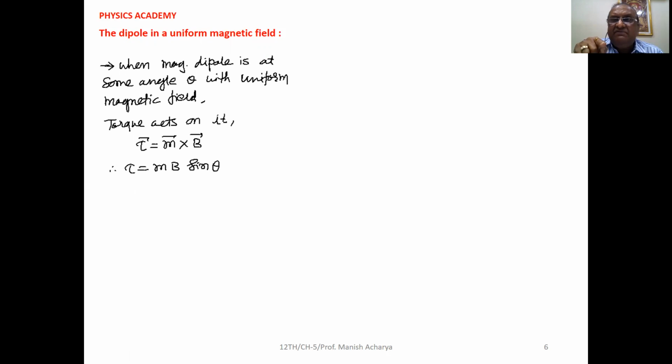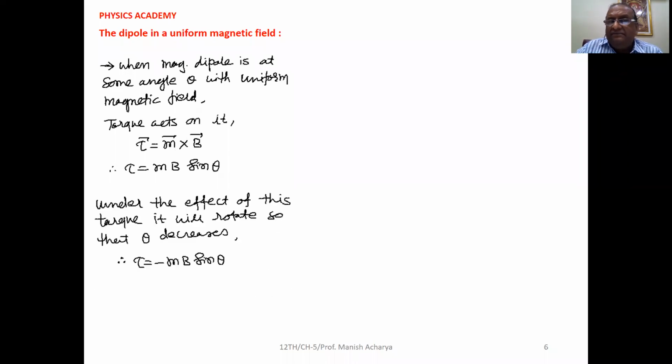It implies that the torque produced will rotate the dipole in the opposite direction of theta, and therefore we have to introduce a negative sign. Therefore, tau is minus MB sine theta.